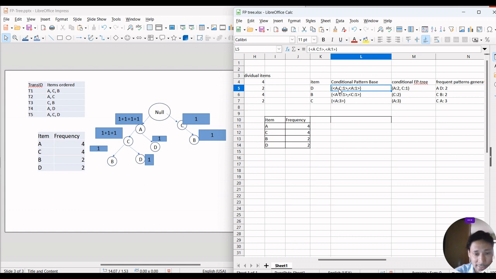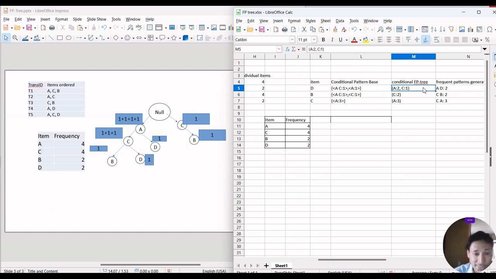From the tree we see that D can be reached from two different branches, branch A and branch AC, and for both we have 1 as the count. So the conditions for reaching D are A colon 2, C colon 1.